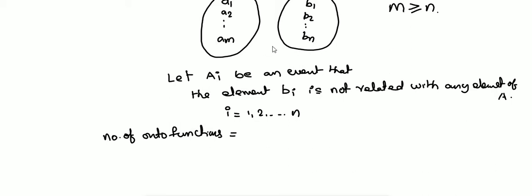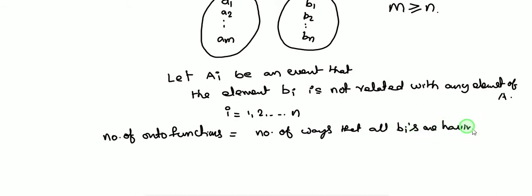When you convert this statement into set theory, it is A1 complement intersection A2 complement intersection and so on intersection An complement, which from De Morgan's law is the total number of distributions minus n of (A1 union A2 union and so on union An).